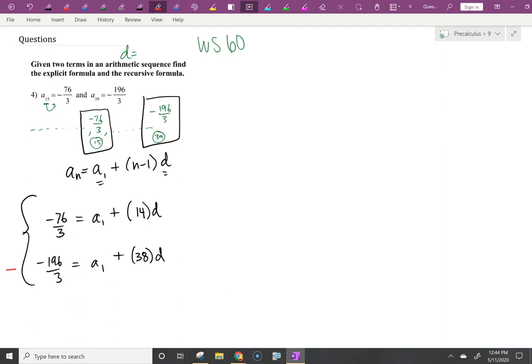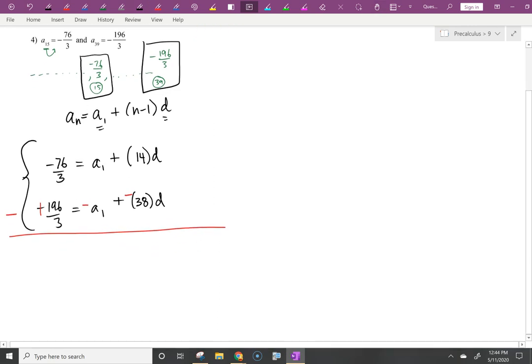So if I change this to subtraction, so that gets a sign change, this gets a sign change, this gets a sign change, and if I bring this down together, now I can make an addition because I changed everyone's signs. What is that? That's a 120 over 3, which is just 40, equals, those guys canceled. And then this looks like a 38 minus 14, which is 24, so negative 24D.